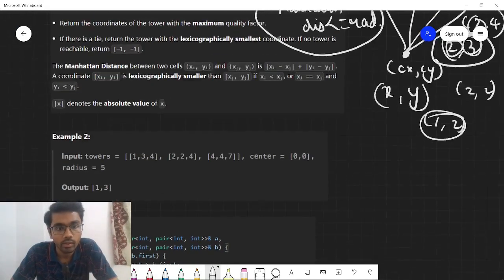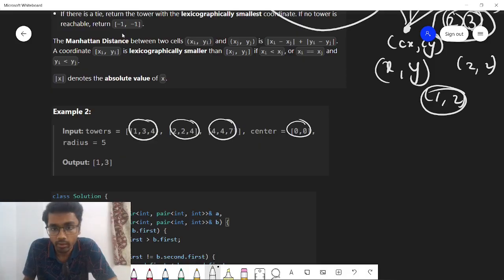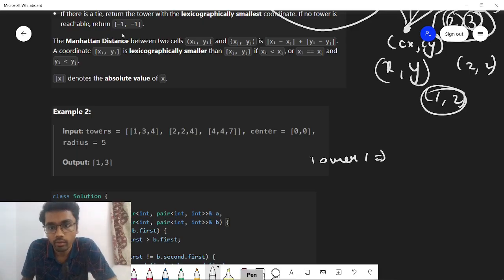So yes, this is the second example and you are given the towers as 1, 3, 4, 2, 2, 4, 4, 7 and center coordinate as 0, 0. So for tower 1 we can calculate the Manhattan distance. So Manhattan distance is given as the absolute difference between the x coordinates plus the absolute difference between the y coordinates, the summation of those.